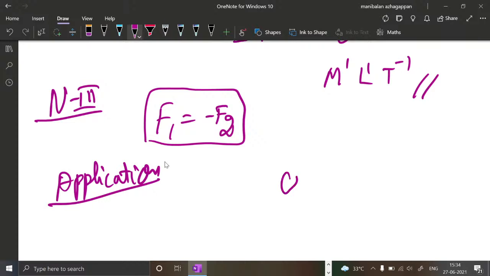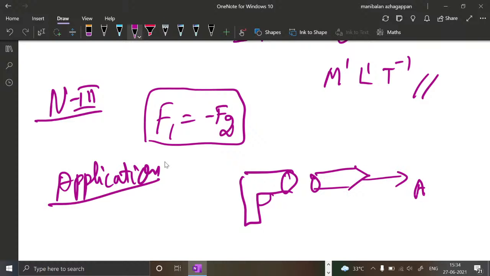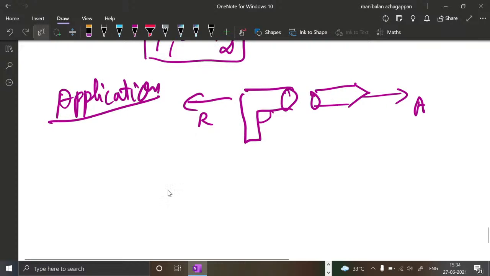When we fire the gun, the bullet is moving, it's called action. The gun moves backward, it's called reaction. When the rocket releases smoke through the nozzle, this is called action. The rocket moving is called reaction. Action force, reaction force you should know.